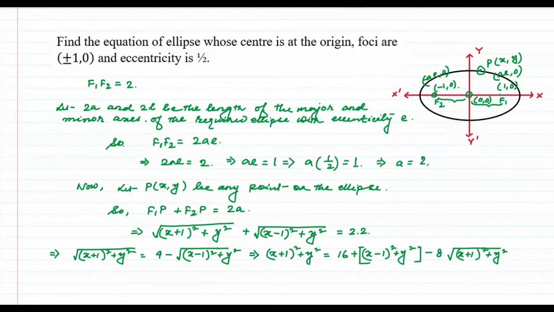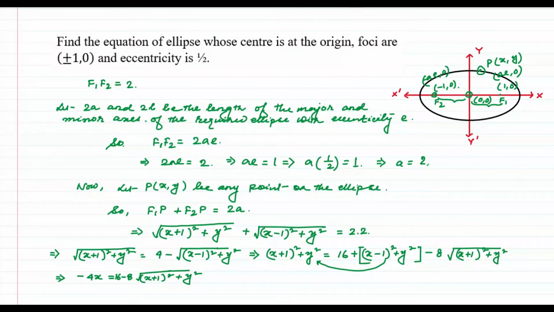So now taking this term again to the left side and calculating, we are getting over here minus 4x equals to, on the right side only, 8 root over (x plus 1) whole square plus y square. 16 minus, it should be 16 minus 8.